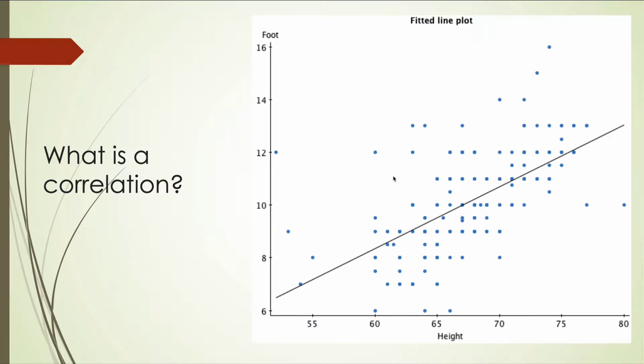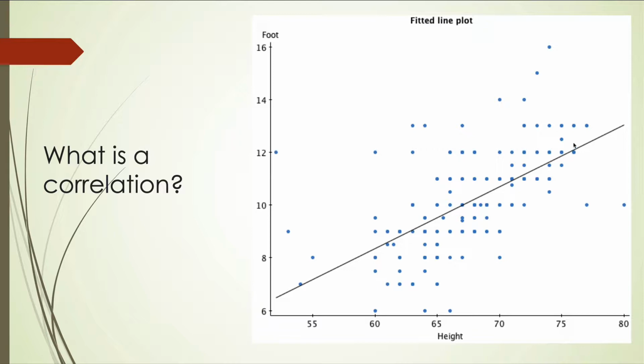When we put all of those different dots together and we look at them, we can look at whether there is a correlation between them. These are all individual people, but in general, do we see a relationship? Do we see that as this measure goes up, height, does foot size also go up? And when we look at this set of dots, we do see that in general, if this number's higher, then this number tends to be higher. There's still a couple examples that are extreme on either end and so on.